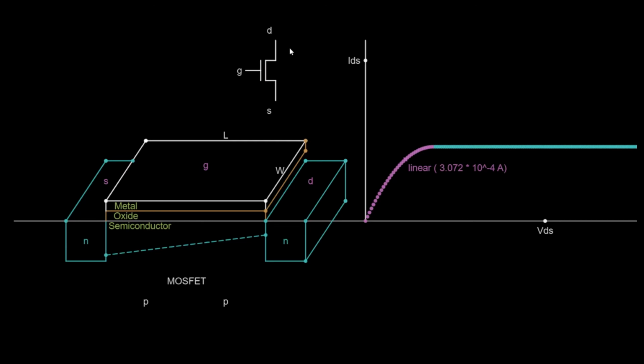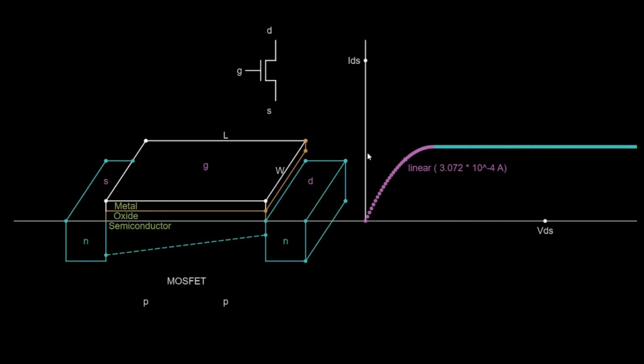So if we want, we could generate the characteristics of this device and represent it as a surface in 3D space. We could have, if you like, two inputs to the surface, which would be our V gate source and our V drain source, and we would have one output for the surface, which would be the current from the drain to source.